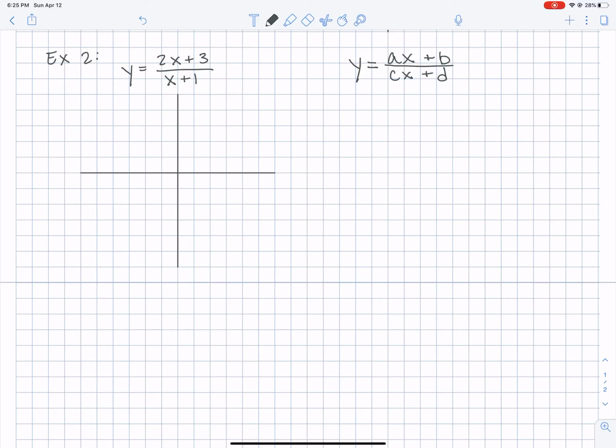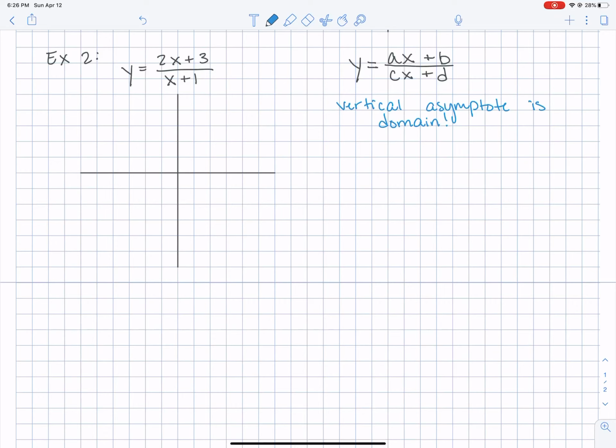Now, the cool thing about your vertical asymptote is that it actually is your domain. I'm going to switch colors for this one. So vertical asymptote is domain. And we know that our domain with these means that your denominator cannot be 0.